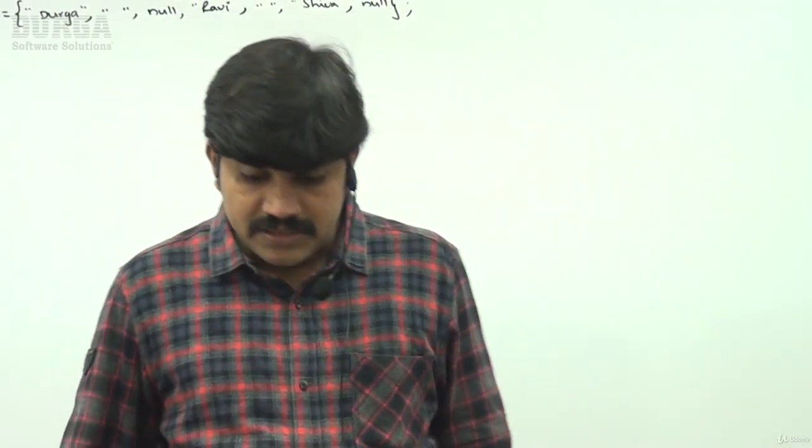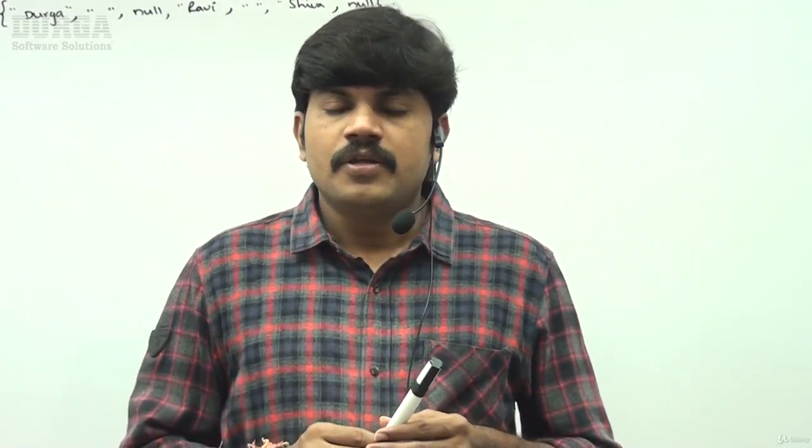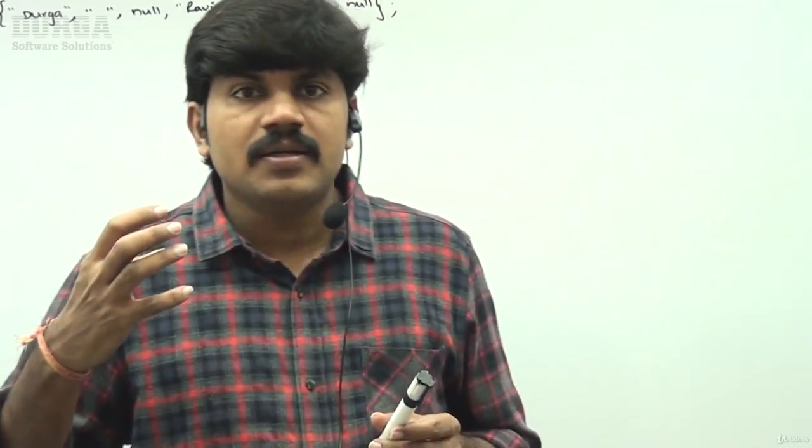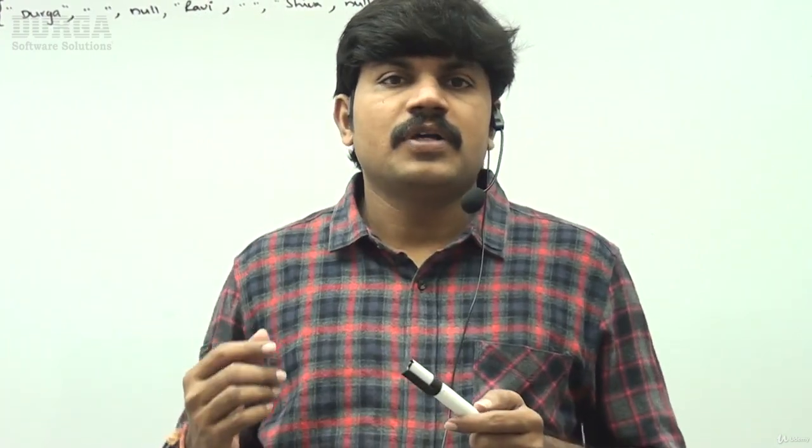Hi friends, in this video I will cover a very important example which is the most commonly used in our real-time requirements. Suppose I have a string array or a list of string objects, and I want to use it.